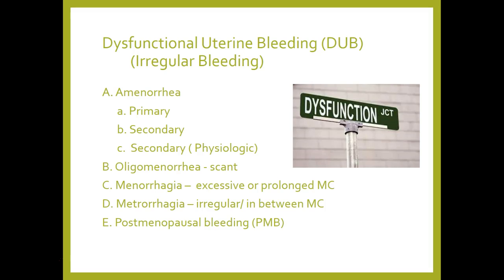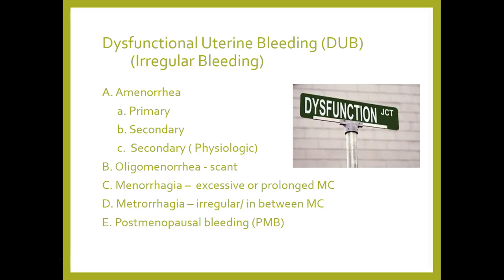Oligomenorrhea is very scant bleeding. Menorrhagia is excessive or prolonged menstrual cycles. Metorrhagia is irregular bleeding in between your menstrual cycles. And then there's postmenopausal bleeding, which usually indicates cancer. So let's talk about each one of these.